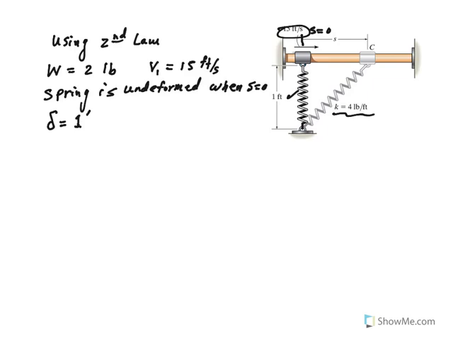So the question is, if we give this an initial velocity of 15 feet per second, what would be the velocity of this 2 pound collar as it reaches position s equals 1? So let's say if this is s equals 1, so this is 1 foot. What would be the velocity at point C, or you can call it velocity 2 if you want? So find V when s is 1 foot.